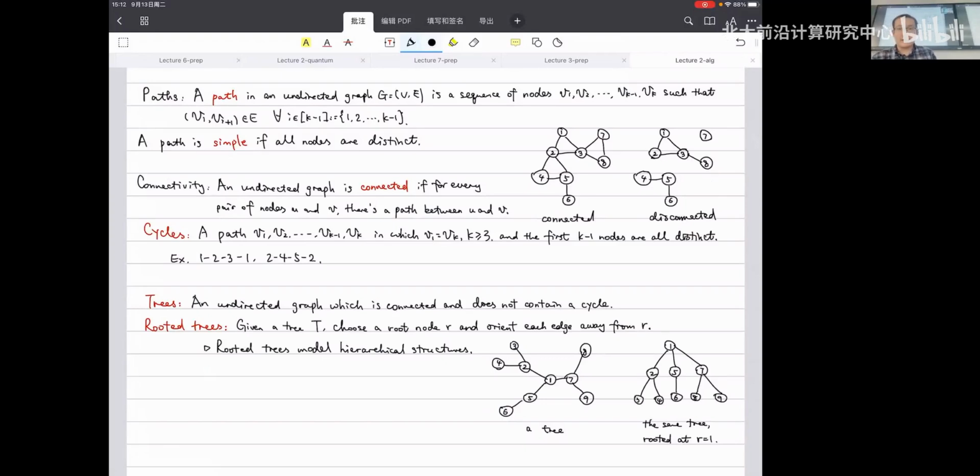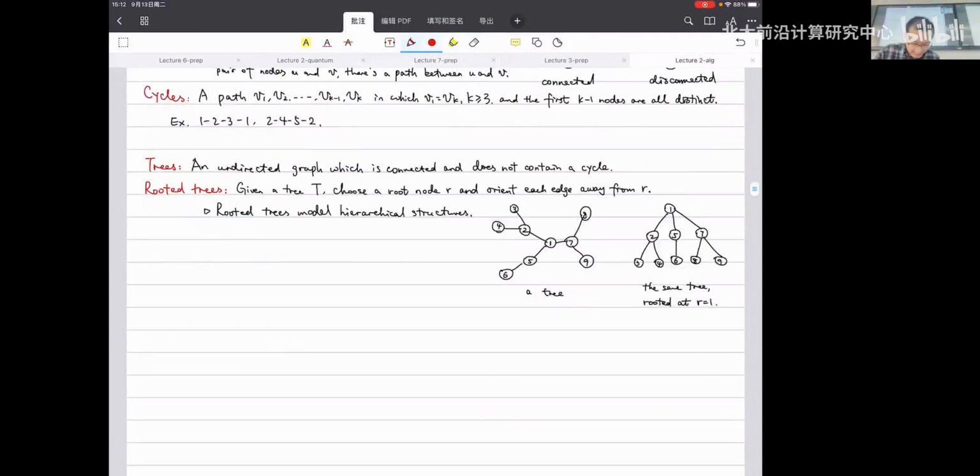Following that, we have the definition of a rooted tree. A rooted tree is a tree where you regard one of the nodes as the root, and from this root you just go down like this. For this example, you can clearly see that this is a tree.